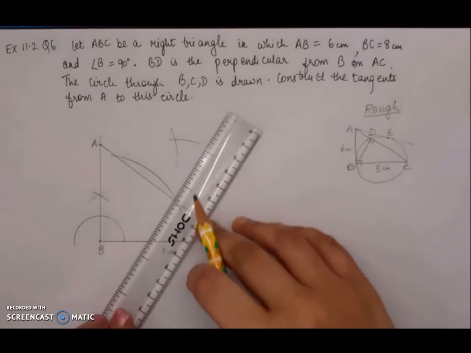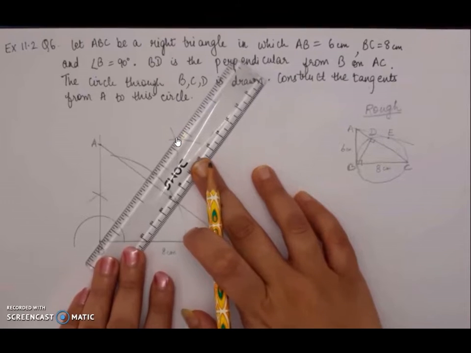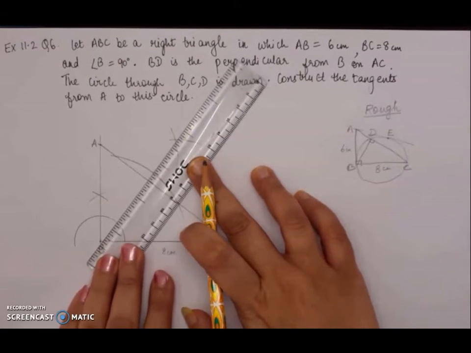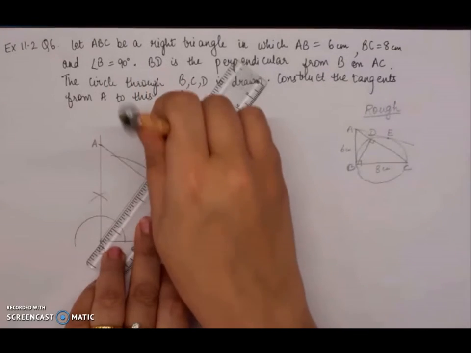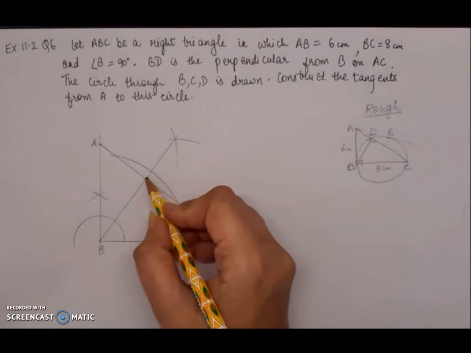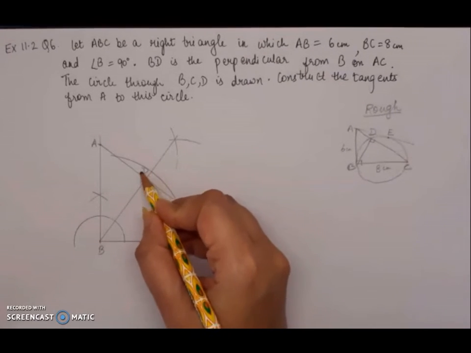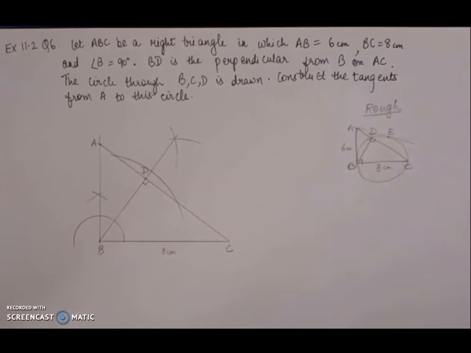Now this point of intersection that we get, this point we will join with the point B. Now wherever this intersects AC, that point will be marked as D. So BD is the required altitude.